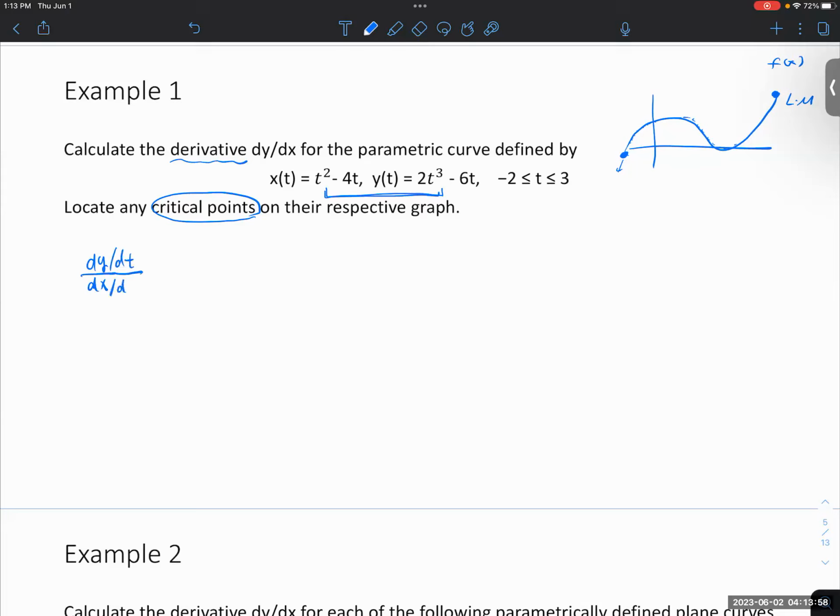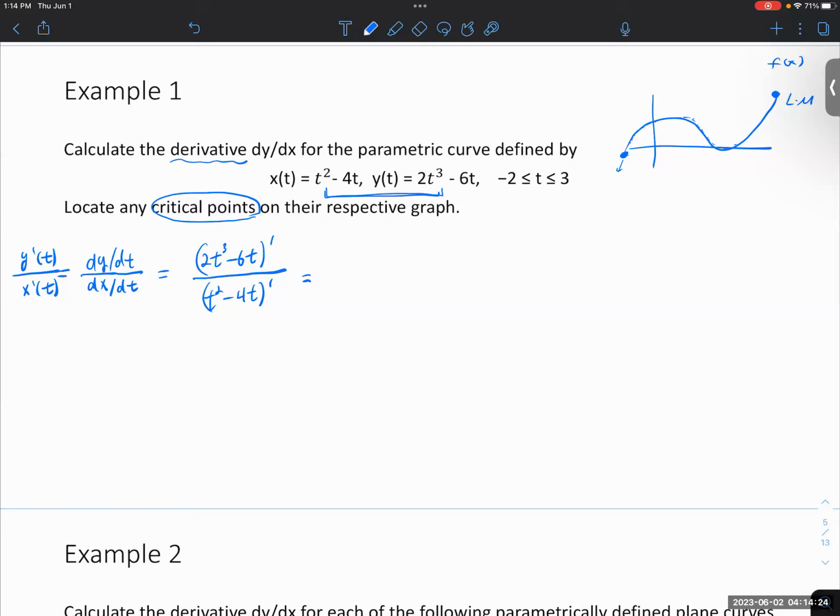dy over dt over dx over dt. So you're going to take the derivative of y and x. So 2t cubed minus 6t, you're going to take the derivative. t squared minus 4t, right? That's y prime over x prime.